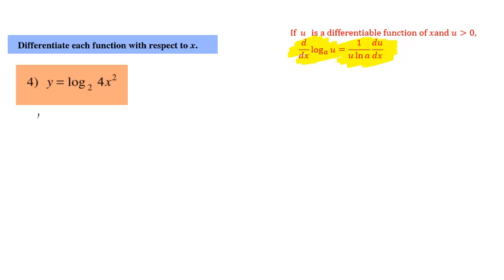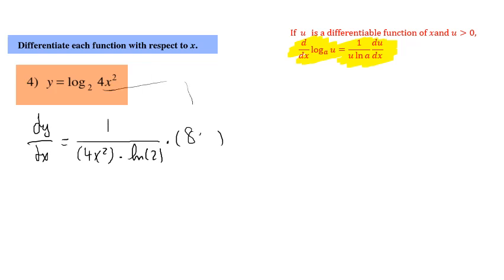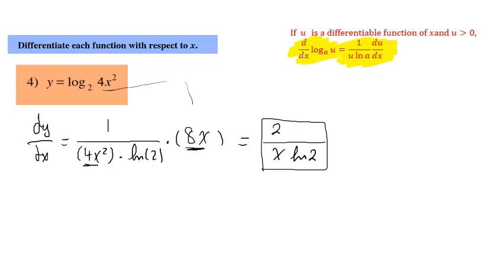So dy by dx is equal to 1 over 4x squared multiplied by ln of the base multiplied by the derivative of u, which is 8x. Then 8x divided by 4x squared gives me 2 over x ln of 2. So it's 2 over x ln 2.